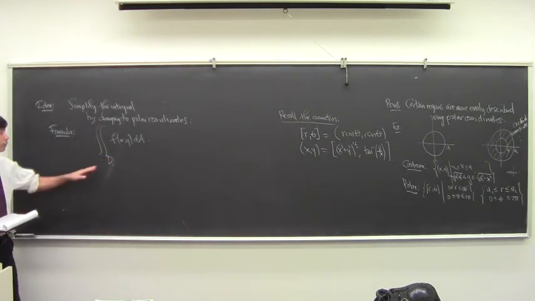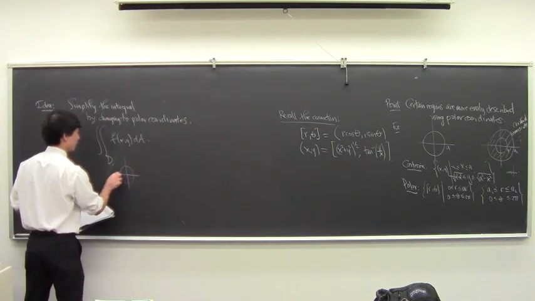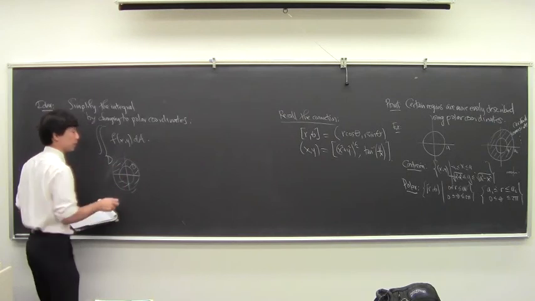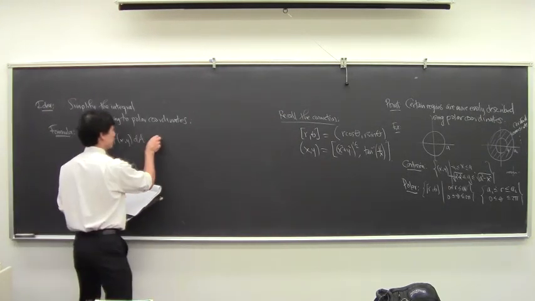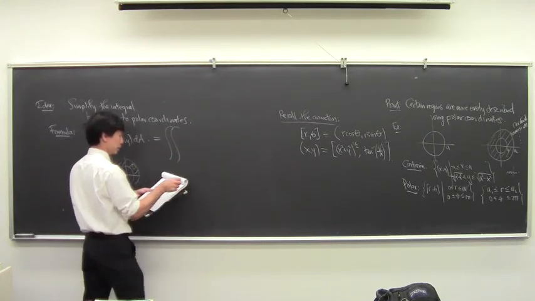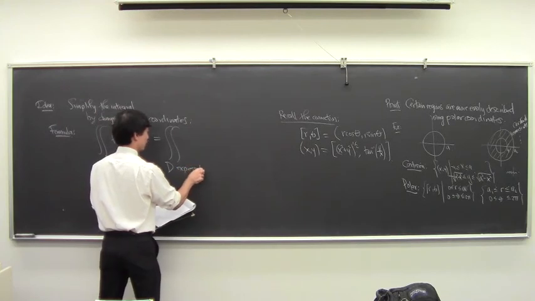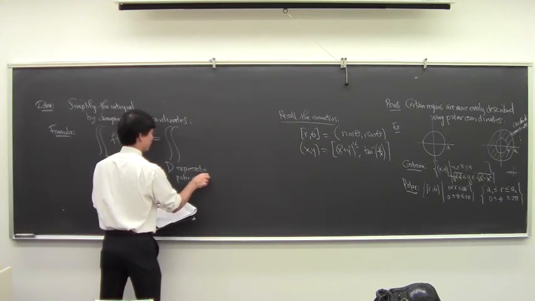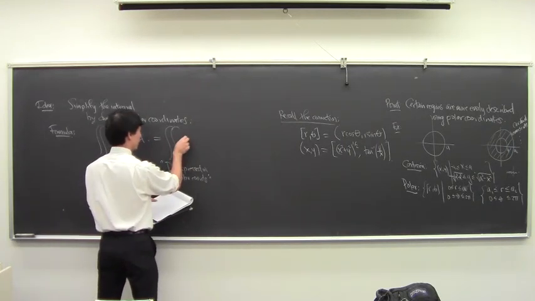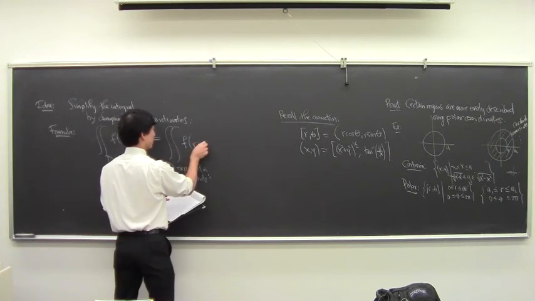Okay, so you have some region, right? So maybe you have something like D is an annulus. Right? Somebody asked to integrate over this annulus. Turns out that you can change that to D expressed in polar coordinates, of f of r cosine theta.